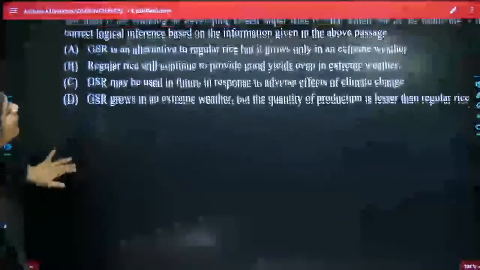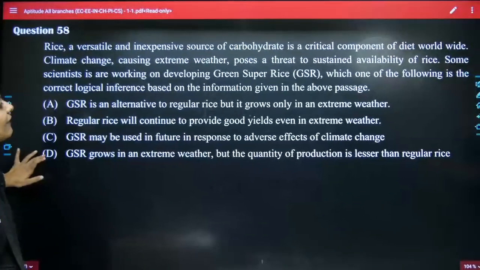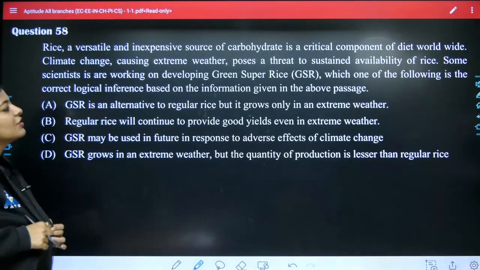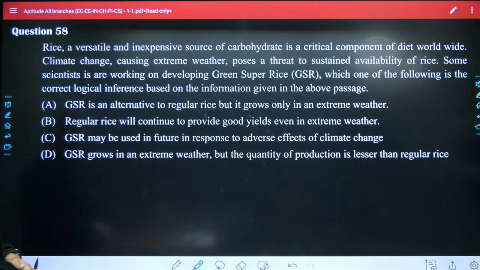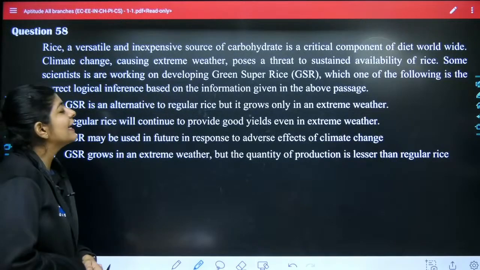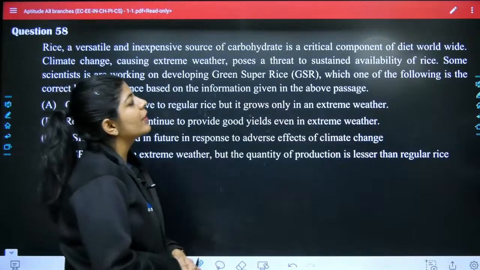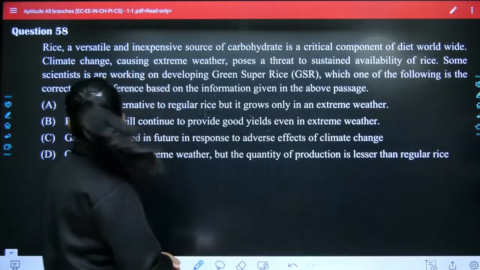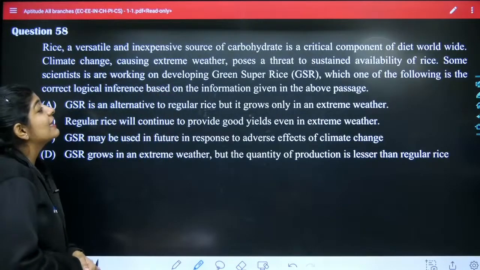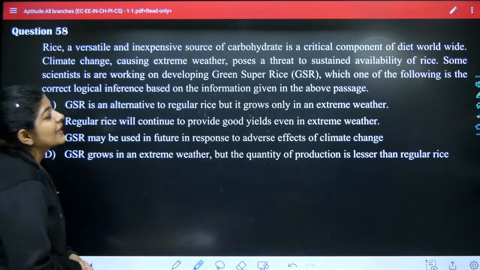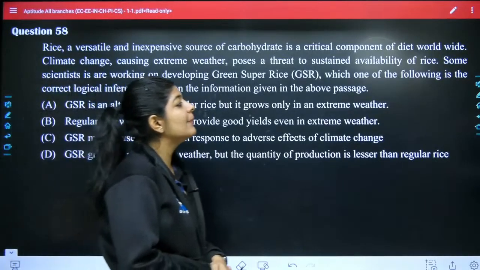Now let's move to the next question. Here we have a question from logical inference. Rice, a versatile and inexpensive source of carbohydrate, is a critical component of diet worldwide. Climate change causing extreme weather poses a threat to sustained availability of rice.